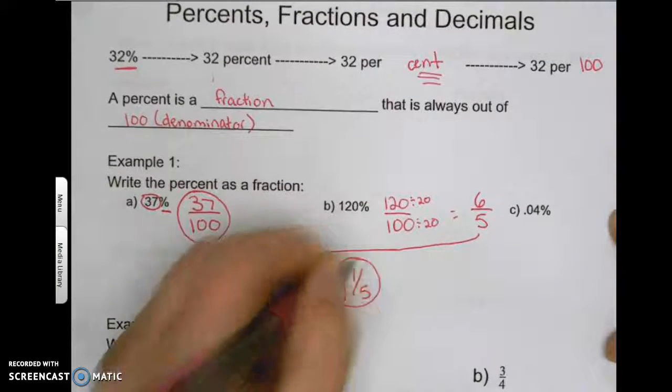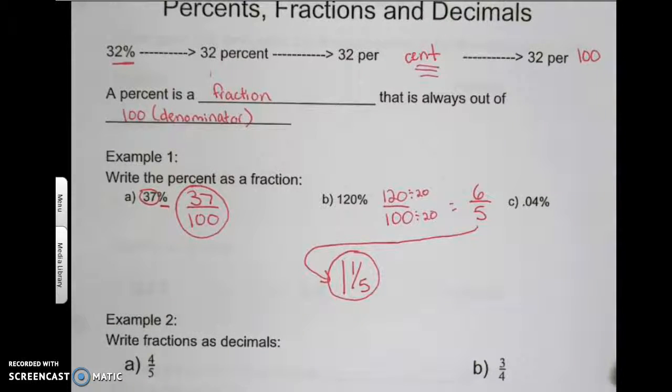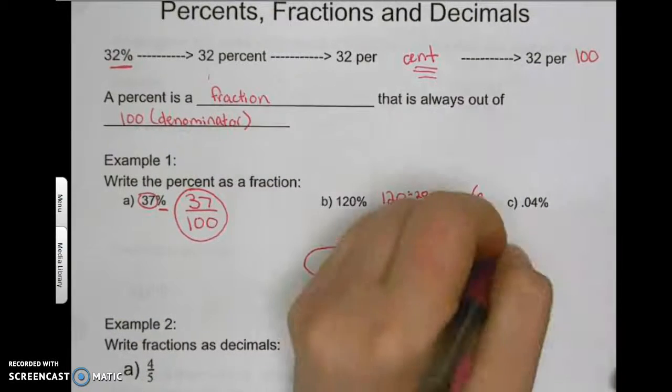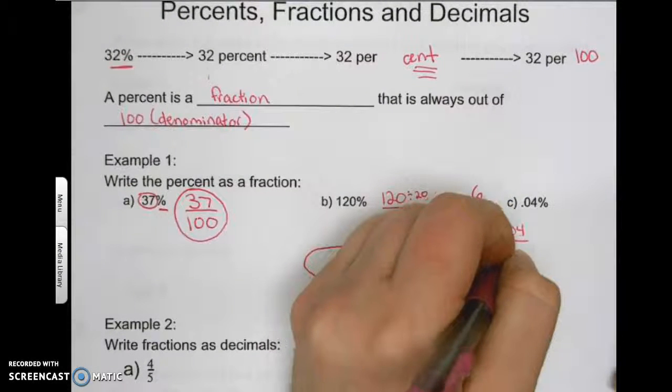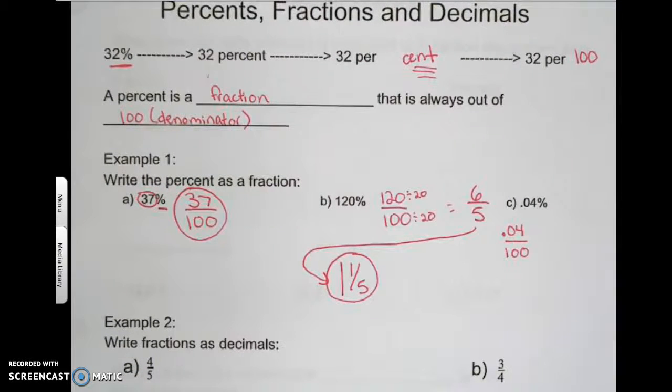Last one's a little tricky, but again, we're still doing it always out of 100. So if I have 0.04, I'm going to write it as 0.04 over 100. Now the problem is, fractions typically do not have decimals in them. So we need to figure out a way to get rid of that decimal.